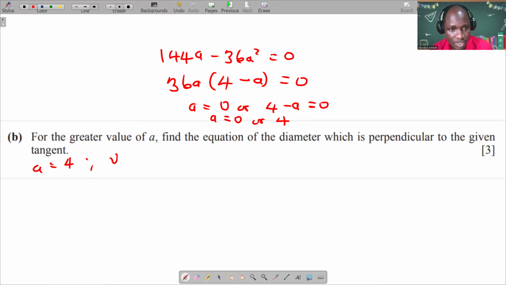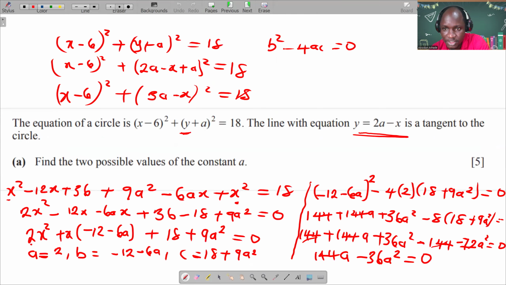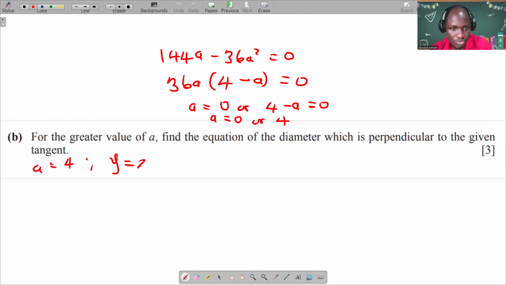From the question, y equals 2a minus x, and our a is 4. So my y will be equal to 8 minus x. If you compare it to the equation of a line, y equals mx plus c, the coefficient of x here is the gradient for this tangent.